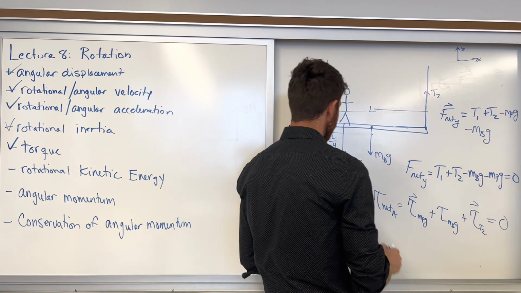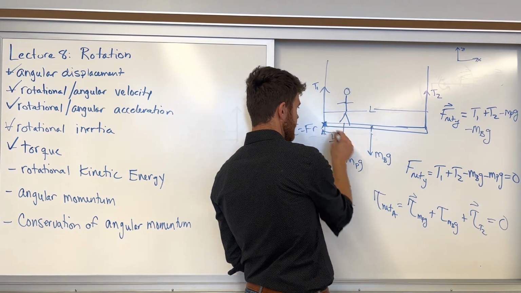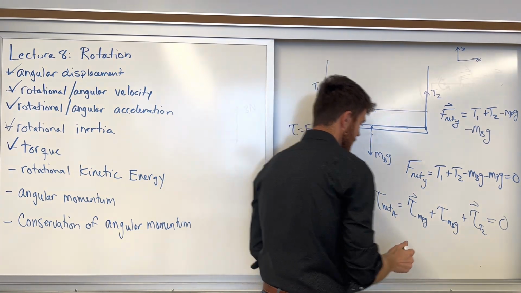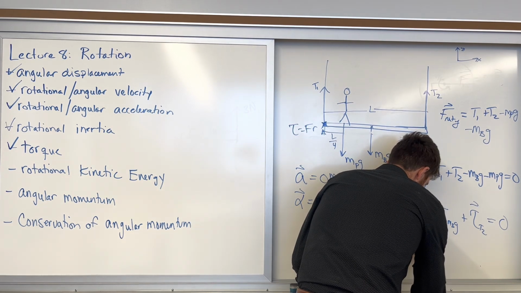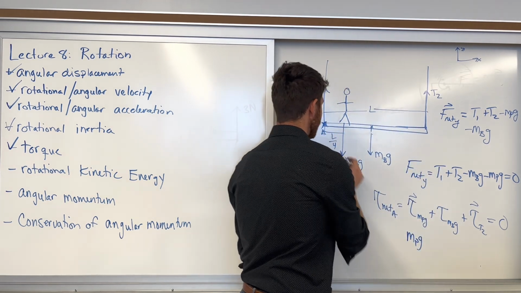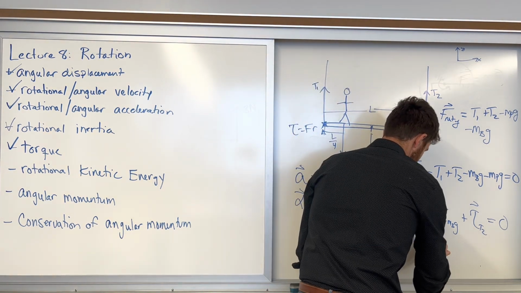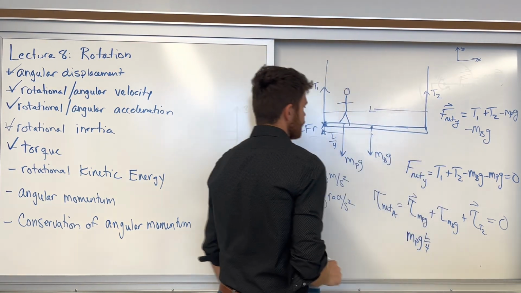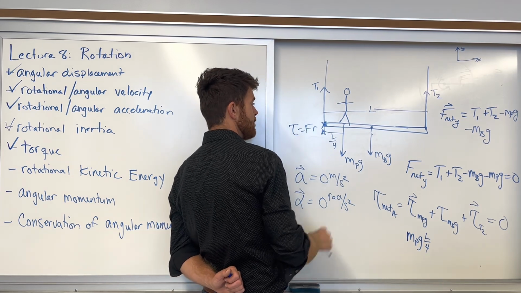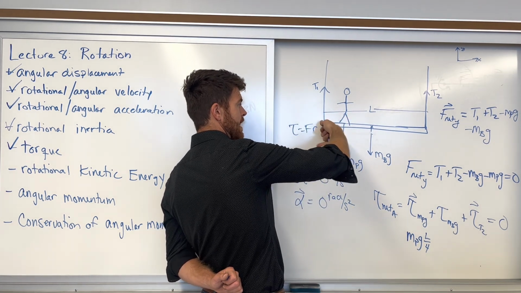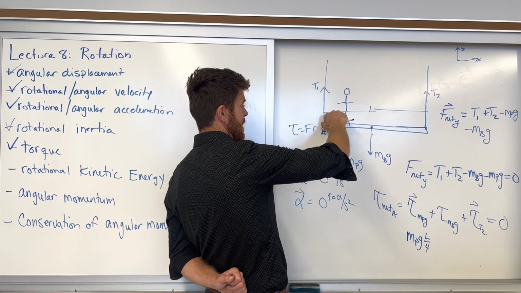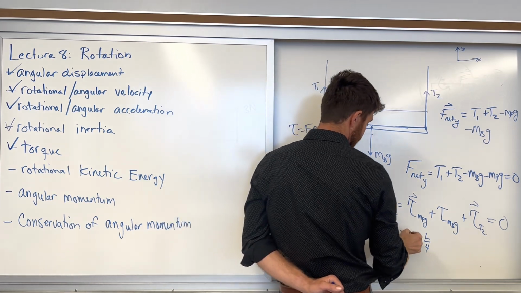And so what are those torques? The torque due to the weight of the person is equal to the force times the lever arm. That's the mass of the person times G, its weight. The lever arm is this distance, L over 4. Is it positive or negative? Well, this is trying to rotate clockwise about point A, so that would be a negative.